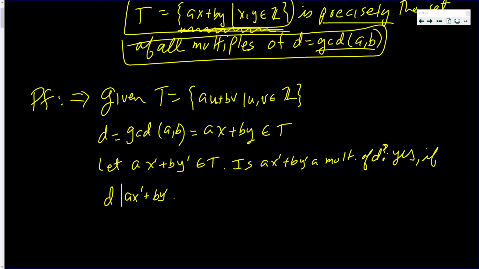But remember, D is the smallest linear combination. Sorry, the smallest linear combination. But this is true as D is the smallest element of T.